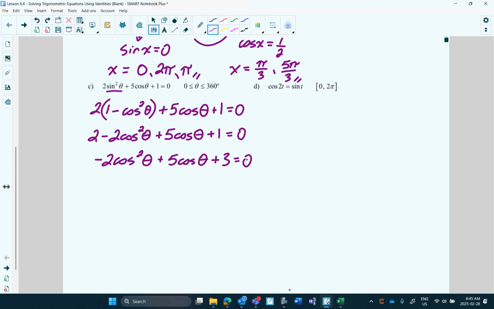Well, that's easy. Let's divide everything by -1. And it becomes positive 2 cos squared theta, but then all the other terms change sign. Minus 5 cos theta minus 3, and minus 0 is just 0.